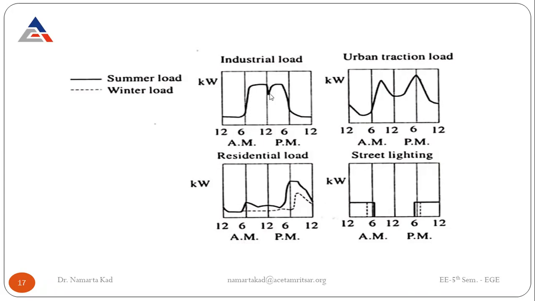Why is there a little decrease? Because we expect the lunch break in industries. So there is a small decrease in the load between 12 to 1 p.m. Then again it reaches its constant maximum, then around 6 p.m. it starts decreasing. This is the estimated load for the industries.